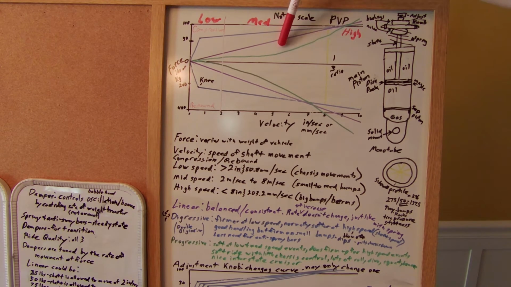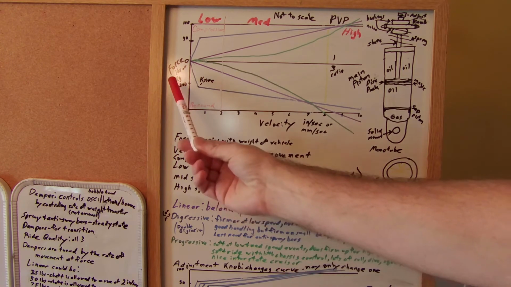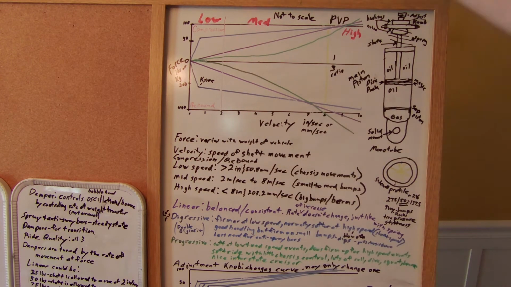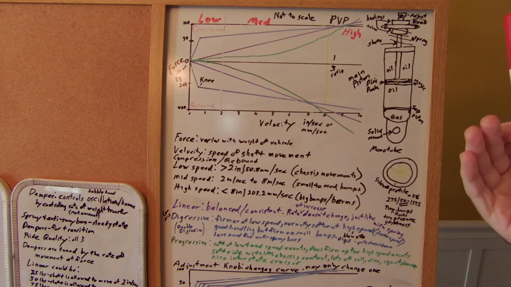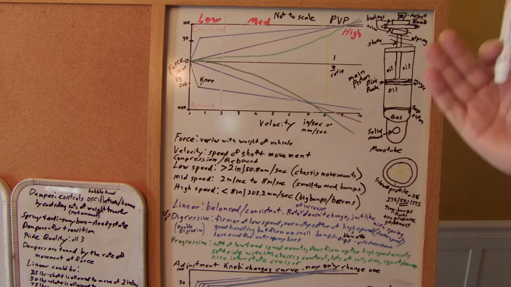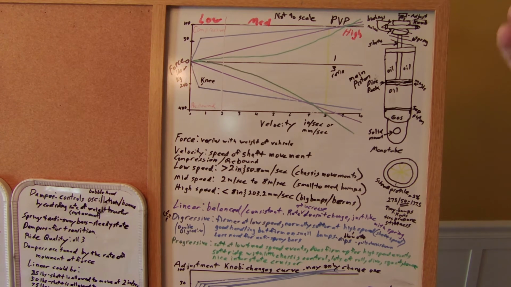All right, so this chart is a PVP chart. This chart shows how the shock is tuned to respond to a given force. So here you have your force. Force will vary with the weight of the vehicle, not by the damper, but it is designed to support so much weight and the type of it.